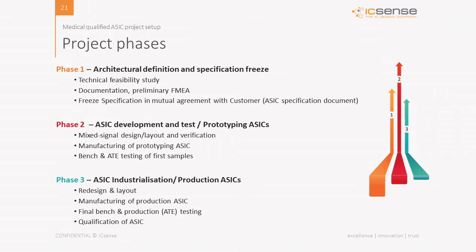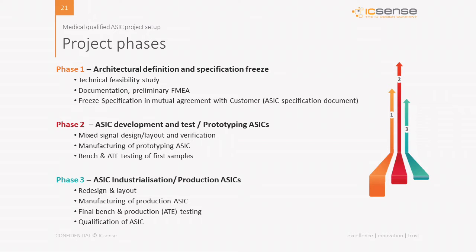The third phase is what we call the ASIC industrialization and the phase towards production, so that based on the outcome of the test results from either the bench testing or the field tests, we can decide if a certain redesign or relayout is necessary. So sometimes specifications need some trimming, or after testing, the customer decides that certain specs need to be changed or some specs need to be added.